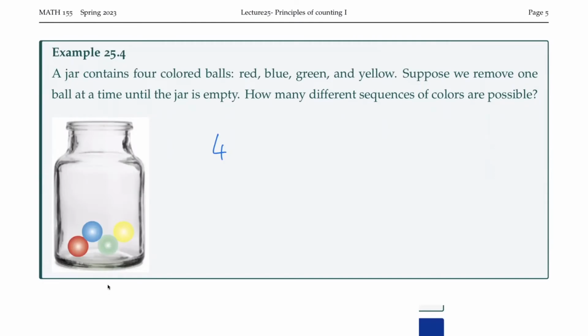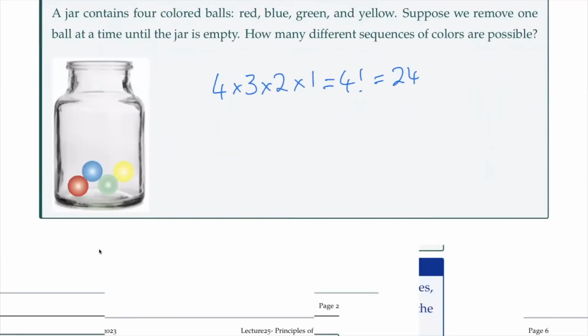Then the next time I pull something out, I can't pull out a red again. There's only blue, green, and yellow left, so this time there are 3 things. Then for my third pick, there are only 2 balls left, and then 1 ball left. This is the 4 factorial that I mentioned above, which is equal to 24. So there are 24 different permutations, 24 different sequences that are possible.